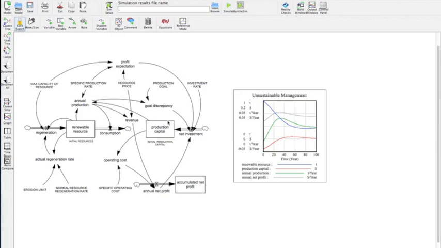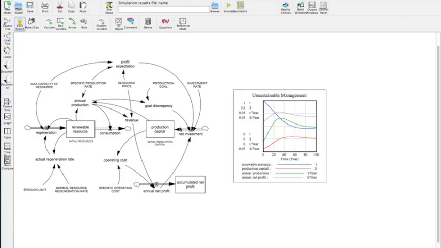And that's a key difference, because what that means is that your net investment in this case is only driven, and I'll let you walk around the variables, by a difference between a profit expectation here and the annual production or the revenue, which creates a discrepancy between expected profits and actual profits, and that drives net investment. So net investment is only driven by the financial characteristics of the system, but not by the availability.